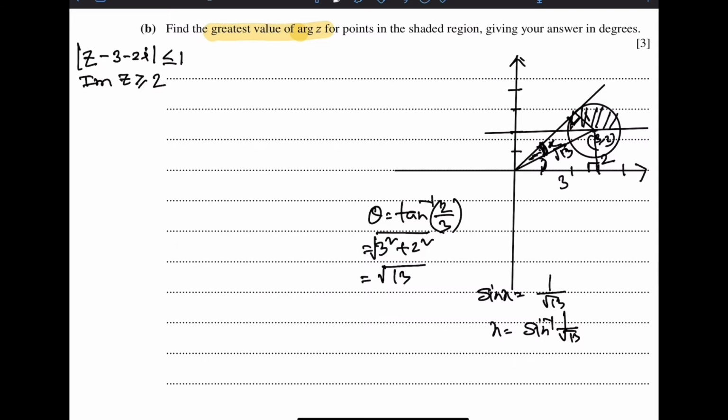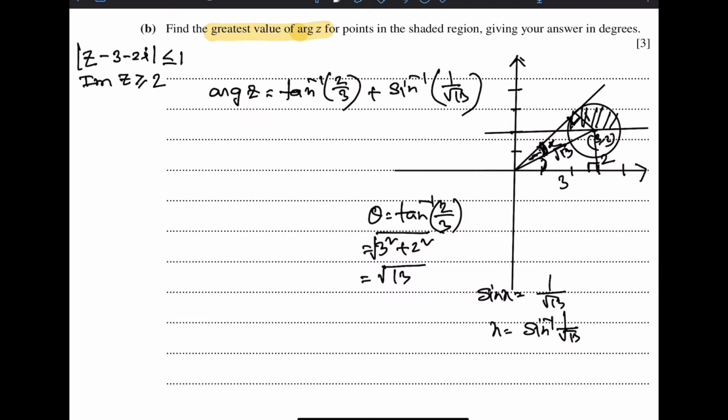Now to find arg z, we can write easily arg z equals tan inverse 2 by 3 plus sin inverse 1 by root 13.